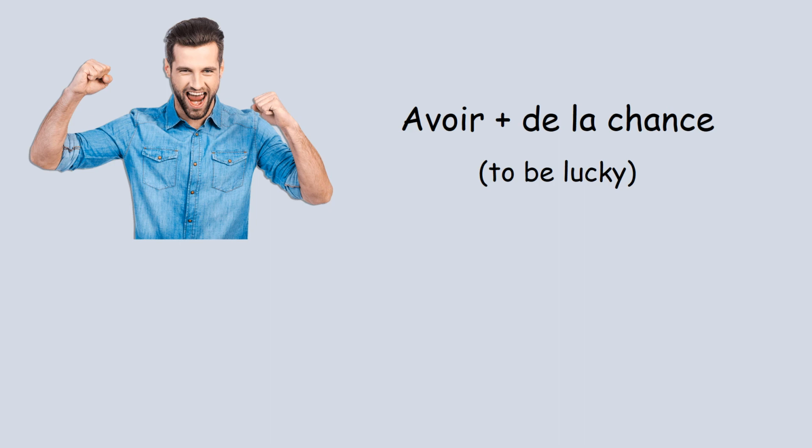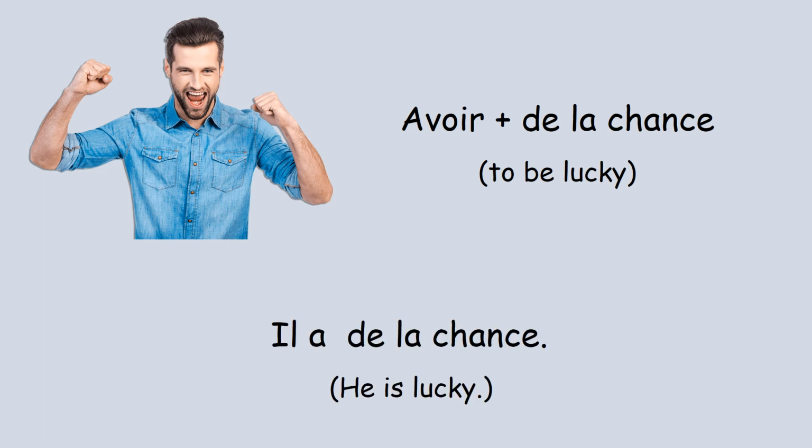Here we have a few expressions that we always describe with the avoir verb instead of être. Like instead of saying I am lucky, in French you would say I have some luck. Il a de la chance. Il a means he has.